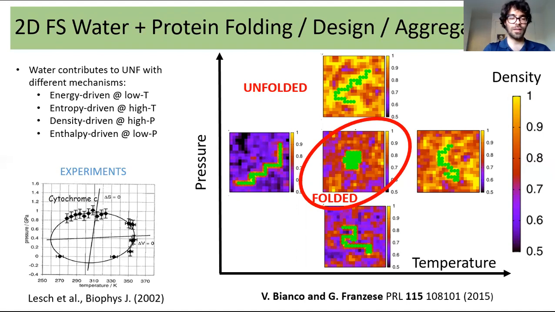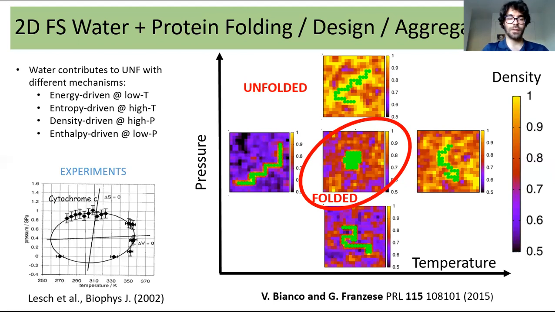And this theoretical hypothesis has been confirmed in experiments, as we see here, but can't be properly seen with all-atom simulations due to their huge computational cost. So here with our coarse-grained model, we can observe this elliptical shape on the phase diagram. And we are also able to rationalize which is the mechanism underlying all of the unfolding processes.